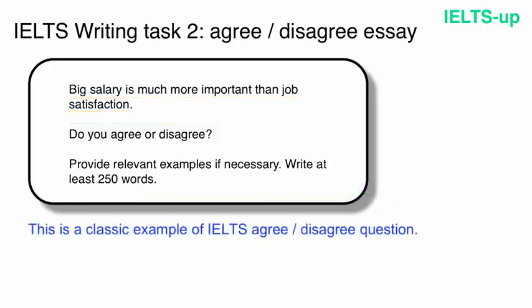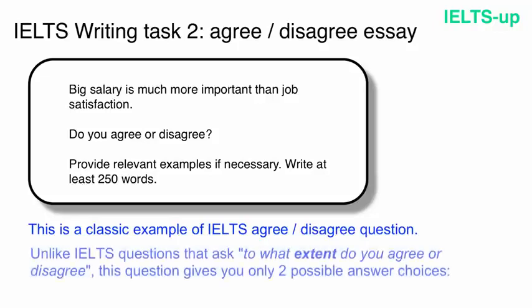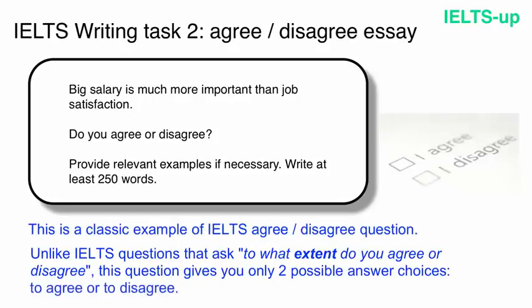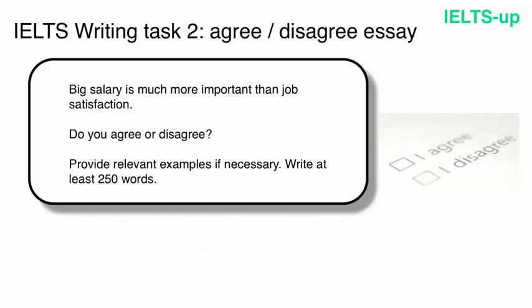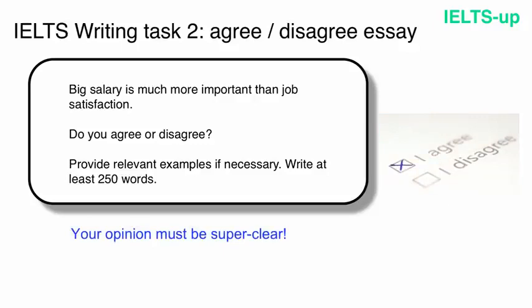This is a classic example of IELTS Agree-Disagree question. Unlike IELTS questions that ask, to what extent do you agree or disagree? This question gives you only two possible answer choices, to agree or to disagree. You cannot say that you partly agree in Agree-Disagree questions. Your opinion must be super clear.